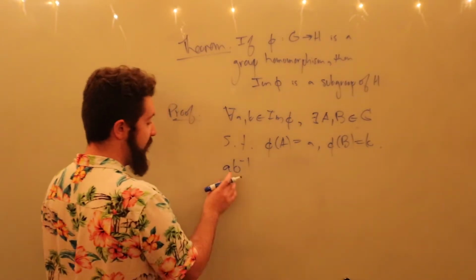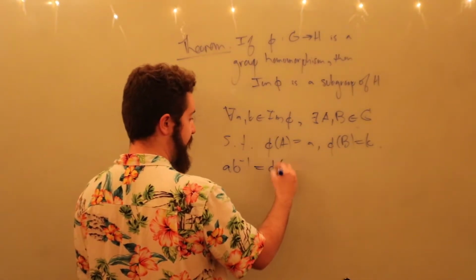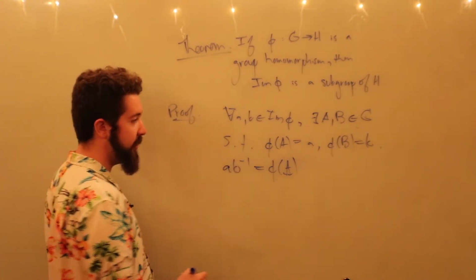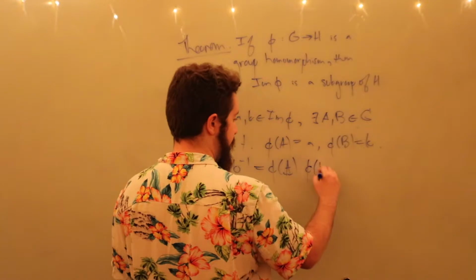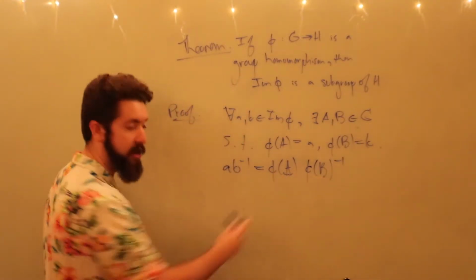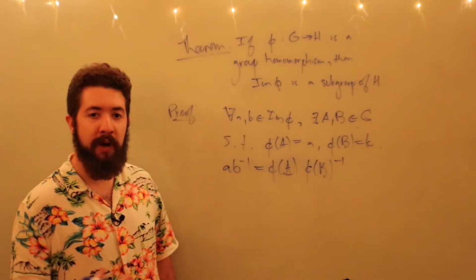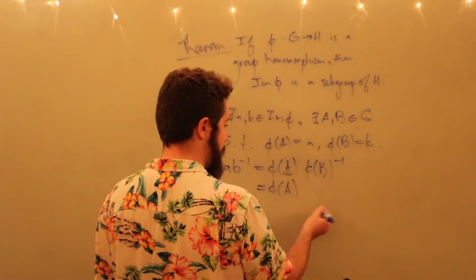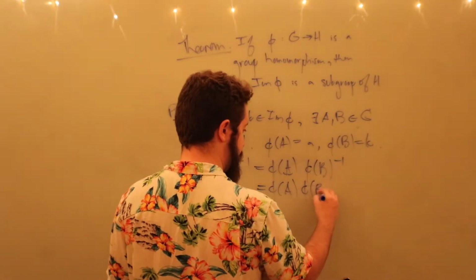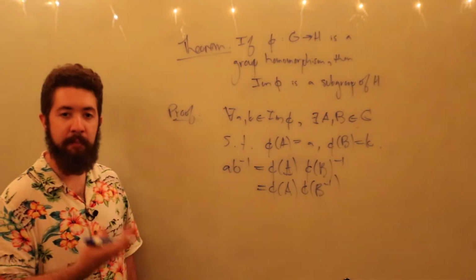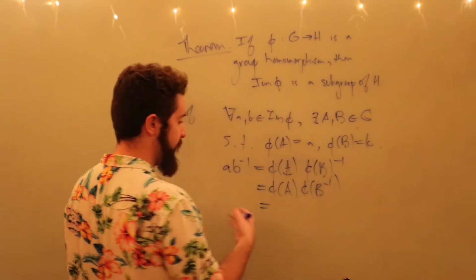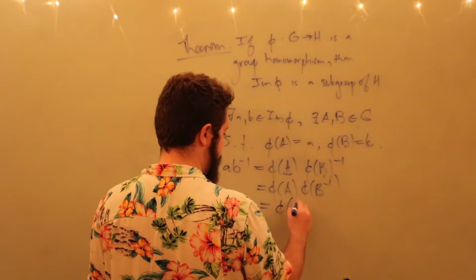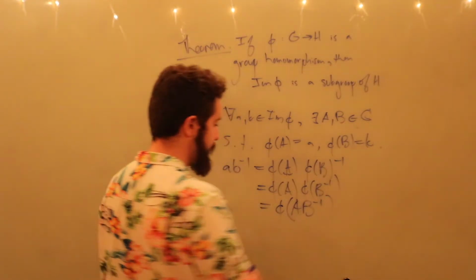And then we say, well, a is really phi of big A, and b inverse is really the inverse of phi of big B. Well, by the theorem we just proved a few minutes ago, this is equal to phi of A times phi of B inverse, and then by operation preservation, this is phi of A B inverse.